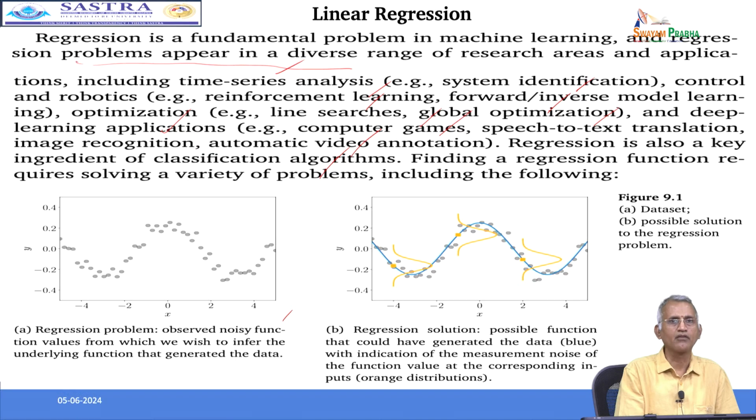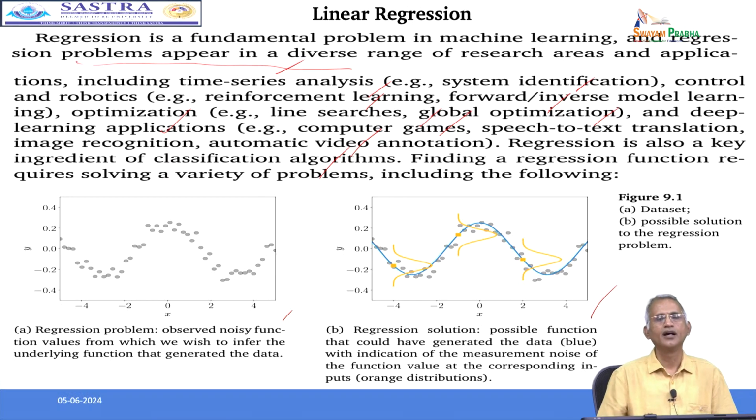The blue curve indicates the measurement noise of the function value at the corresponding input, and orange is the distribution. So, this is the picture demonstrating the data set and a possible regression line.